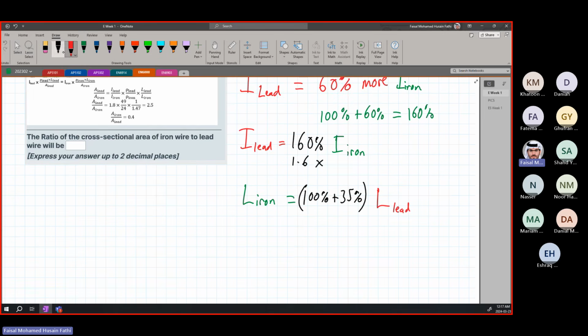Okay? So if we rewrite this, this is 135%. So this is going to be equal to 1.35 times the L of lead.